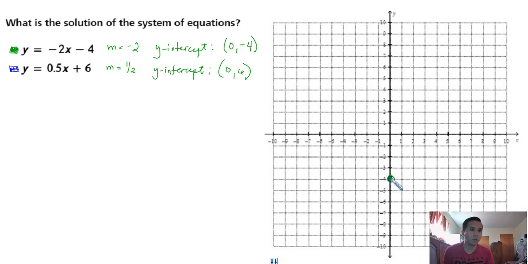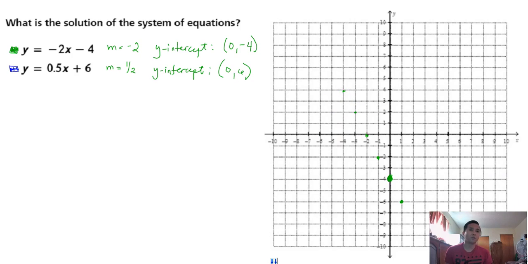I'll plot this one as big as I can so you can see. Then your slope is negative 2, meaning the graph is downhill: down 2, over 1, and repeat.